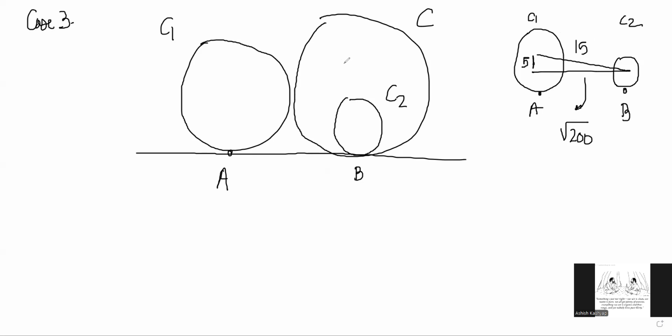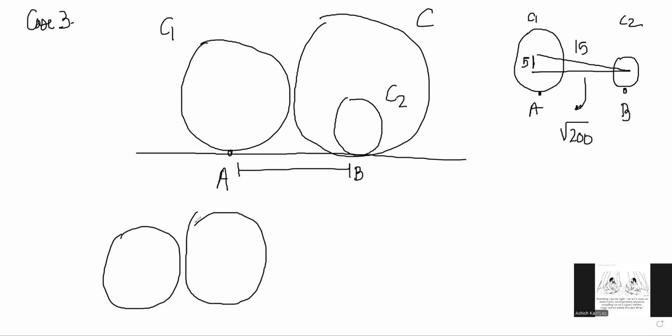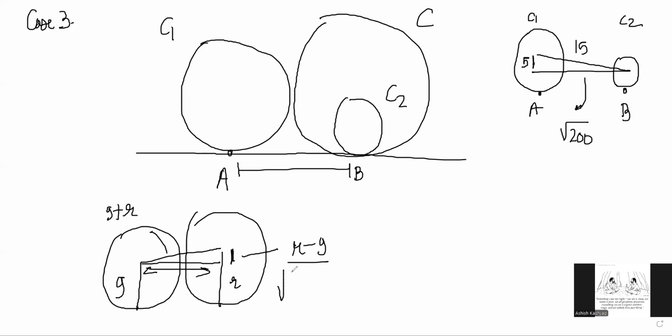And now I will do the same length AB, but now I'll use C1 and C to figure it out, right? So C1 and C, you should realize that this is 9, this is R, and this distance is 9 plus R, and this distance is R minus 9. And this AB length would be the difference between 9 plus R whole square minus R minus 9 whole square.